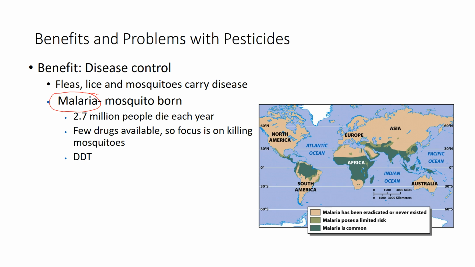And primarily transferred from human to human or organism to human, because of mosquitoes. Right? And so by spraying pesticides in heavily populated areas in the tropics, we can help control those mosquito populations and also help to control the spread of malaria. So that's a potential benefit of pesticide use.